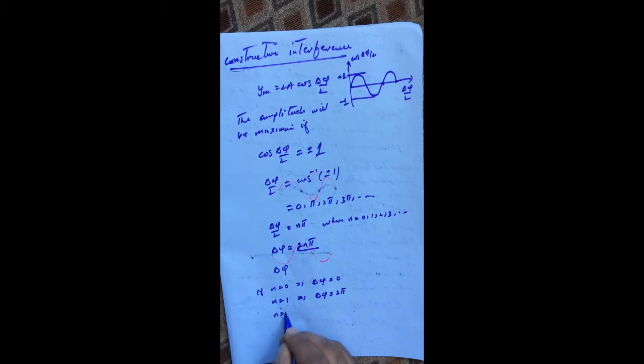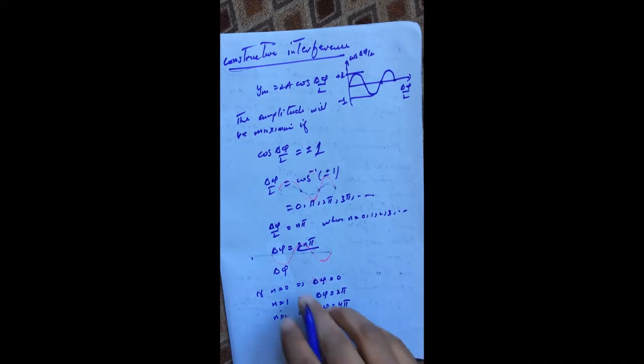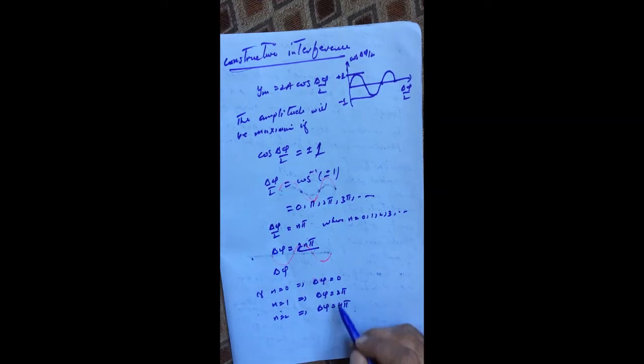If n is equal to 2, Δφ is equal to 4π. So if the phase difference between the two waves is 0, 2π, 4π, then we have constructive interference.